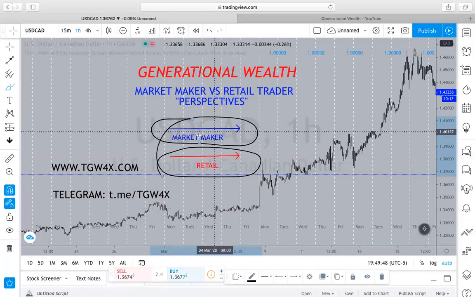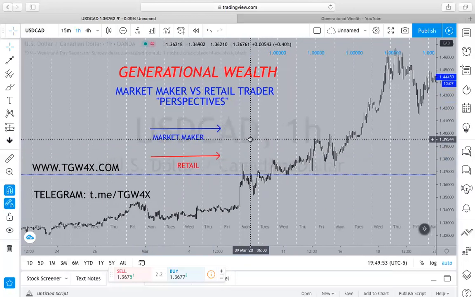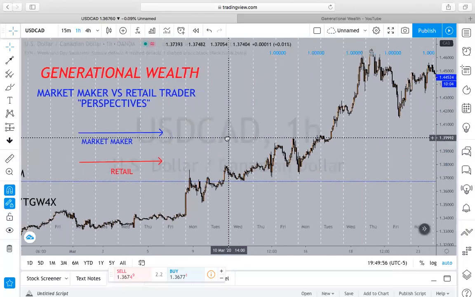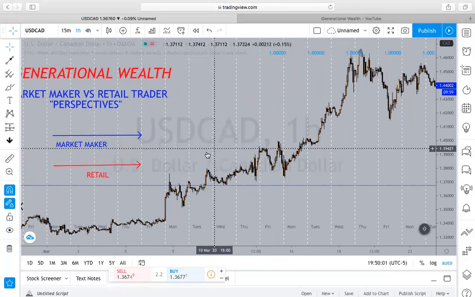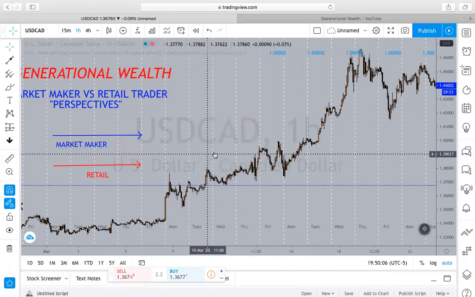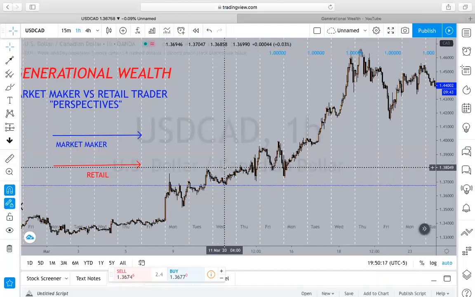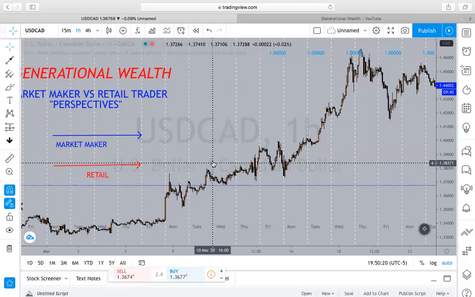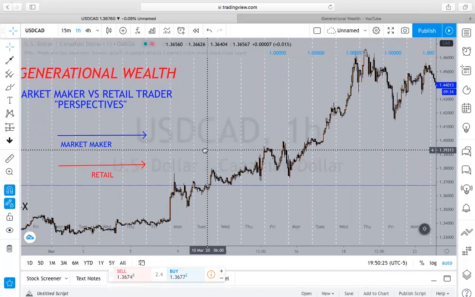Remember, the blue represents the market maker and the red will be the retail trader. Keep in mind our session breaks when we trade. I'm not going to draw any vertical lines to represent the New York session or London session, but at the bottom we'll see the time, of course, when we would actually enter, trading with the market maker strategy.